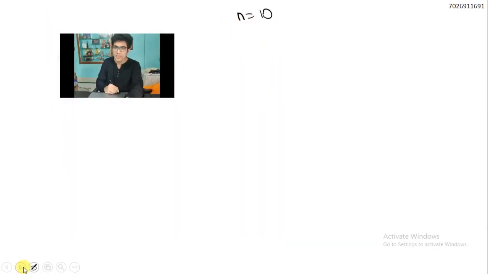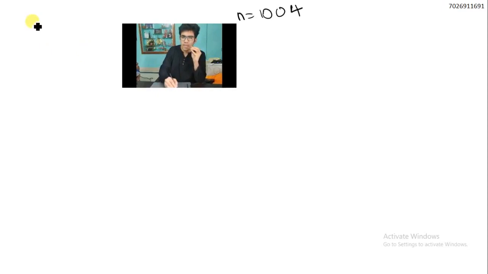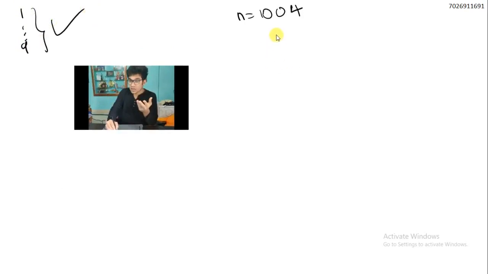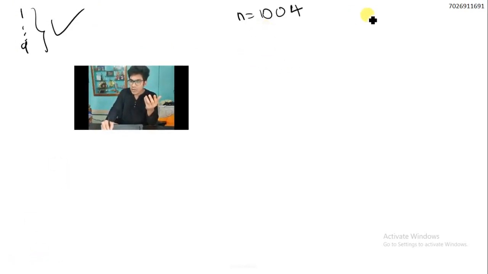Okay, let's imagine our number is 1004. If it is 1004, I'll go back. Definitely from 1 to 9 it is considered. So according to me, the while loop should be like this. The first while loop: what's your n value?